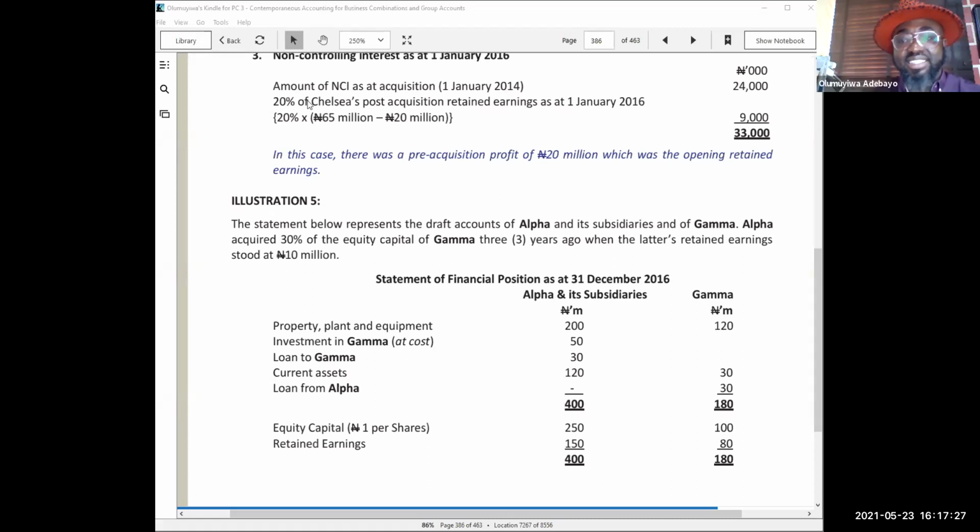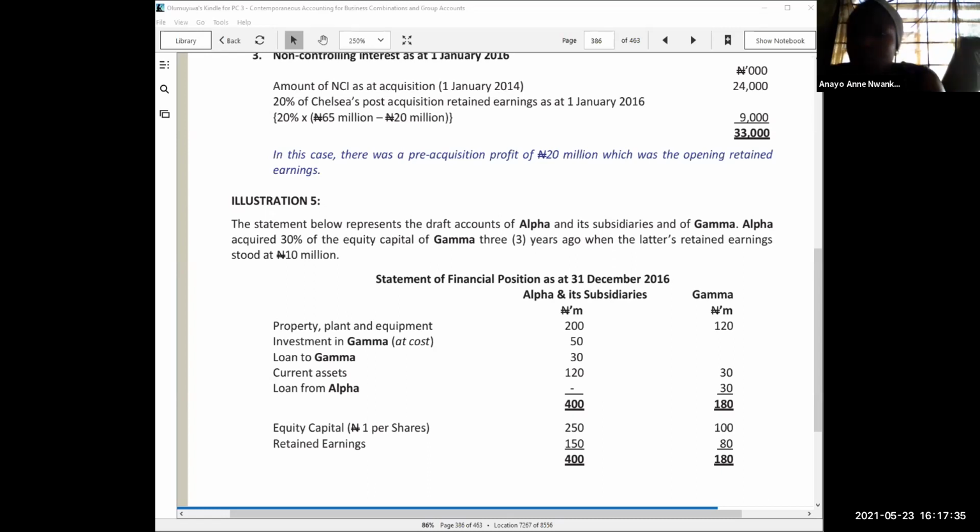It's 100. Alpha and its subsidiaries is 250. Then for Gamma, 100. Retained earnings 150 for Alpha and subsidiaries and 80 for Gamma. That's all.